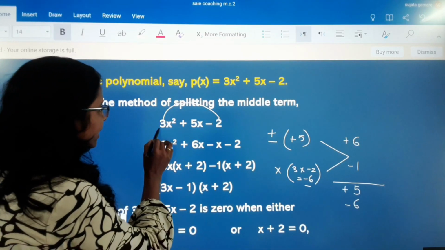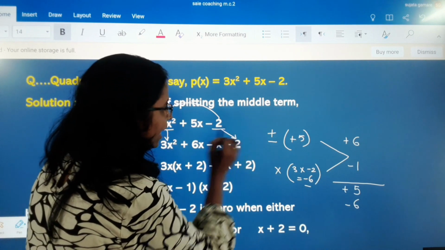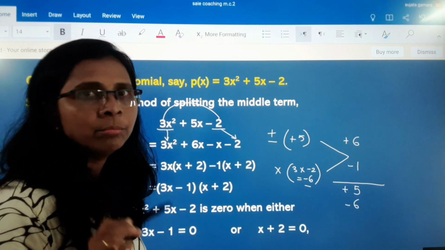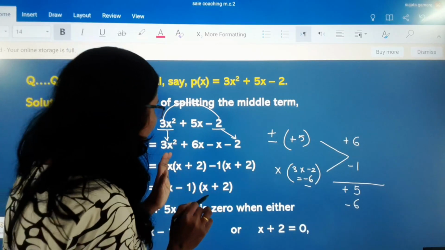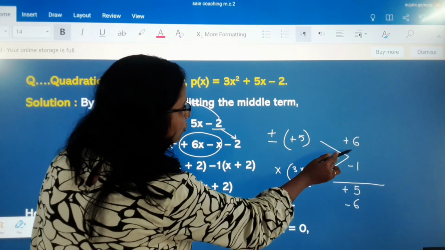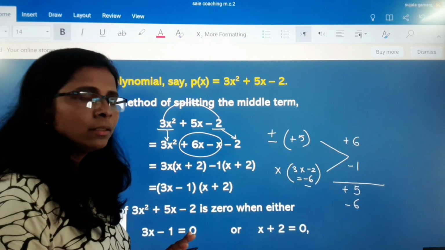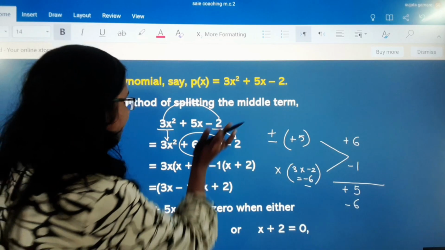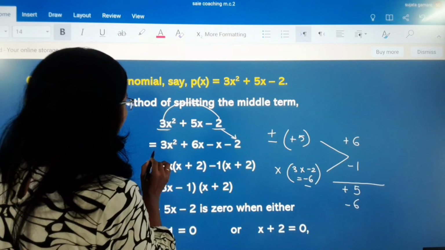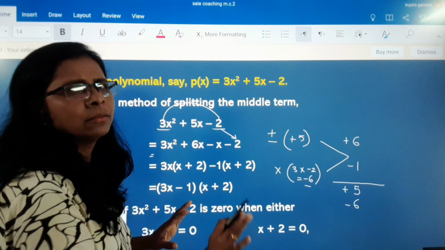So write the first term as it is, the third term as it is, but in place of the middle term we write these numbers, that is positive 6x and minus 1x. Okay, now the next step is to take common. First make the groups, factorize, simplify.